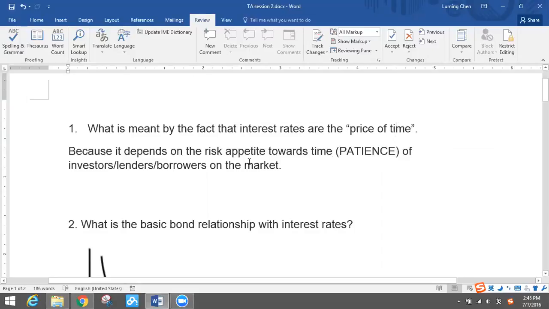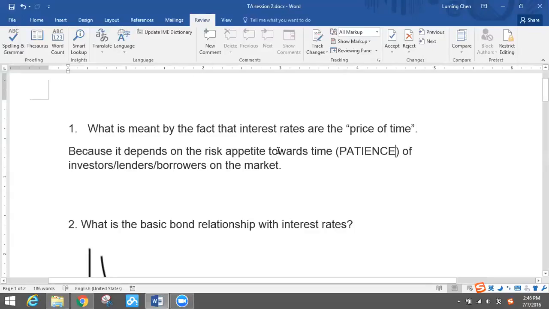If you are very patient, you can lend out your money to the borrowers on the market and charge a low interest rate. But if you are very impatient, you will borrow on the market and accept a high interest rate, or lend to the market with a high interest rate.